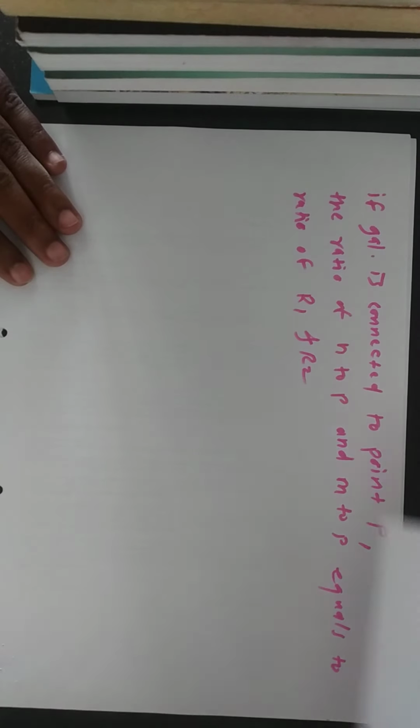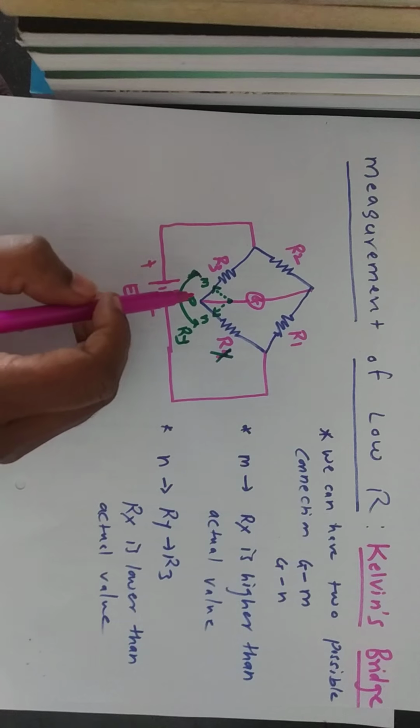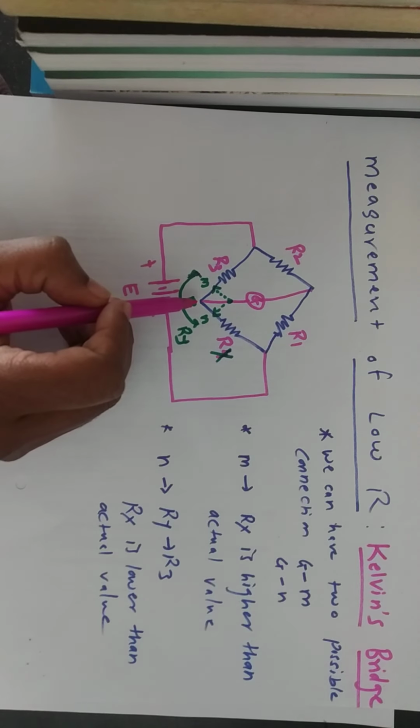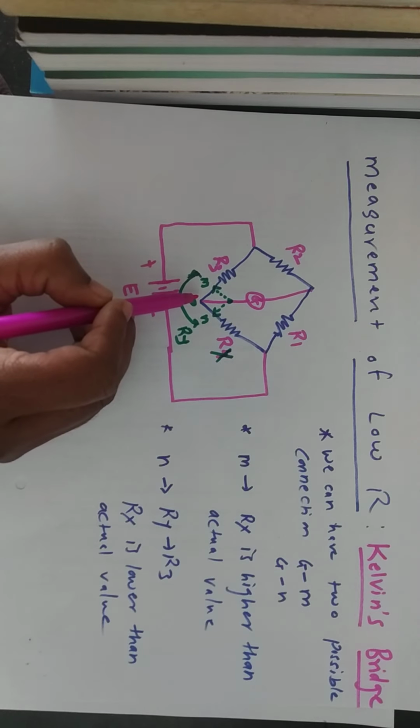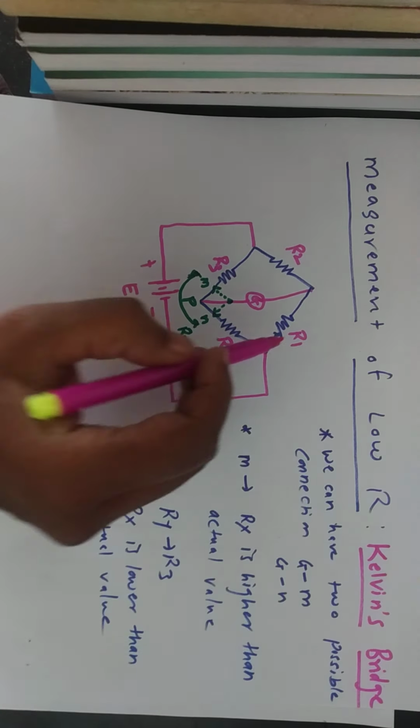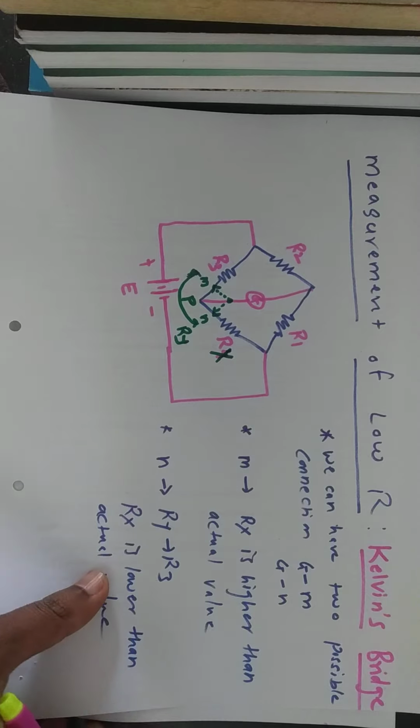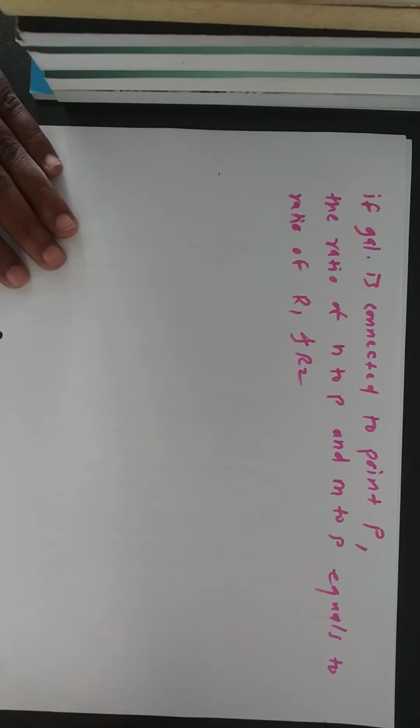Okay, so let's consider this figure. If the galvanometer is connected to point P in such a way that the ratio of N to P and M to P is equal to the ratio of R1 and R2, then we can have that equation.